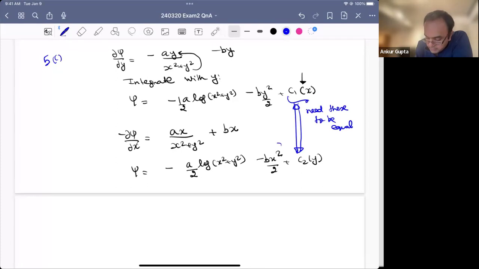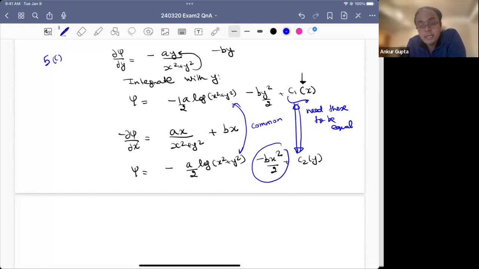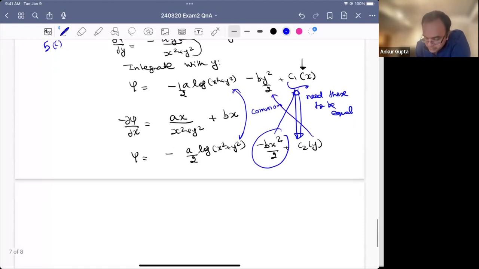I see that minus b x squared by 2 is missing in the top equation, and luckily it is only a function of x, so I'm allowed to add it. The same goes for the bottom equation, where I have an extra minus b y squared by 2. So I can say c1 is equal to minus b x squared by 2 and c2 is equal to minus b y squared by 2.